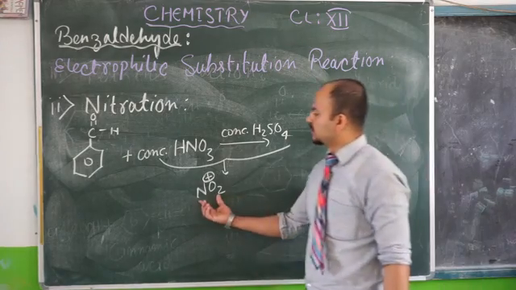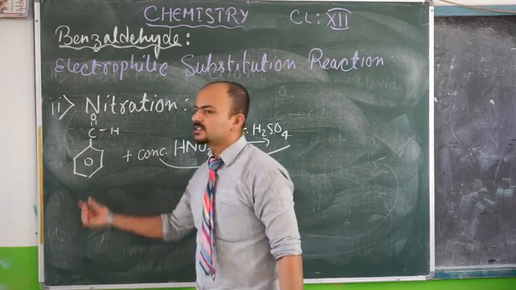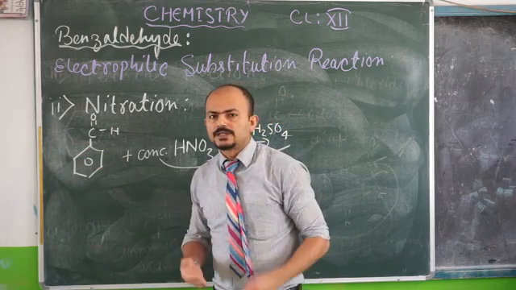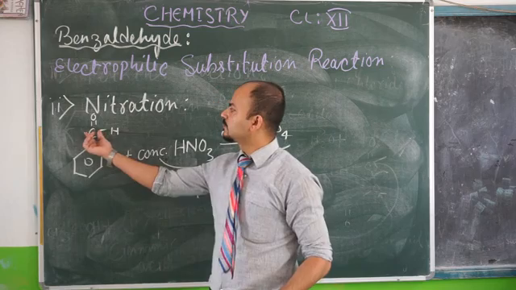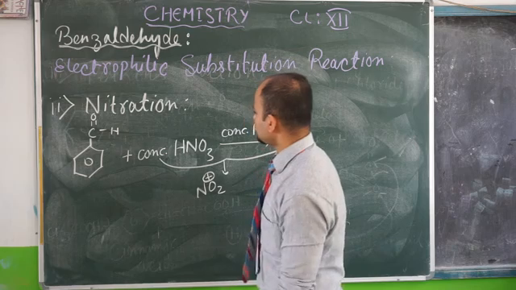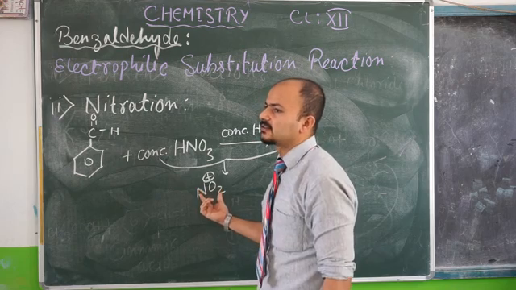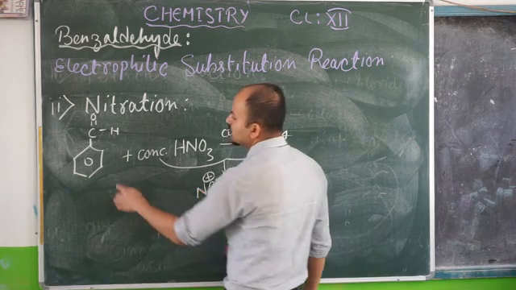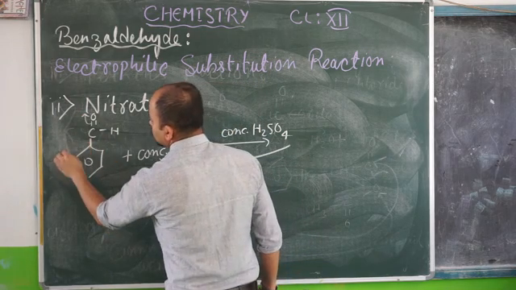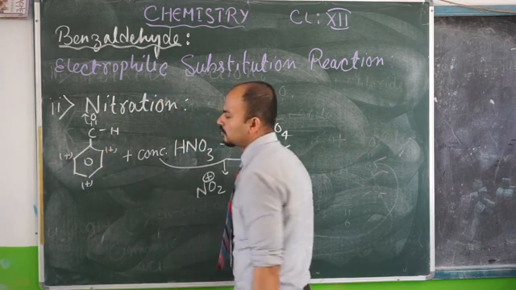Okay, now this NO2 plus will be added either to ortho position or meta position or para position depending upon whether electron withdrawing group is present or electron donating group is present. So here, since C double bond O is an electron withdrawing group from the ring, in such cases this electrophile will be directed towards meta position. Now see, if it is an electron withdrawing group, then ortho position as well as para positions will be having positive sign.